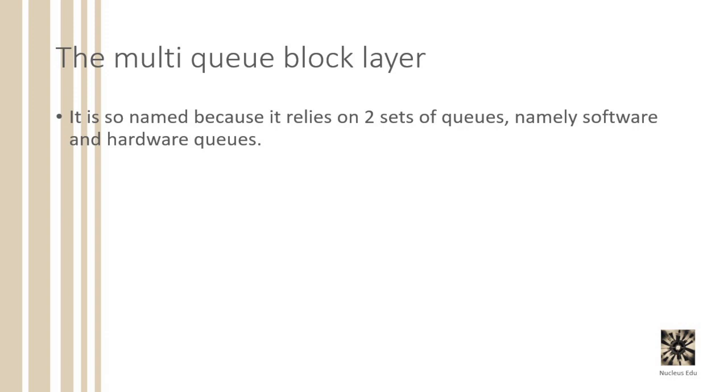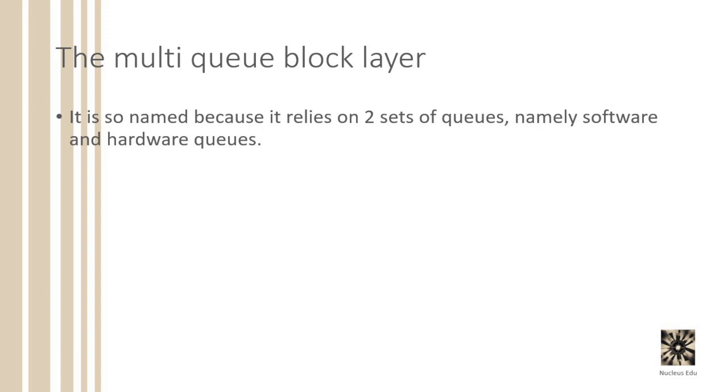Right, so next layer, as I mentioned, is the multi-queue block layer. It is so named because it relies on two sets of queues named software and hardware queues. So a little bit of history here. Previous to, I think, the 2.x kernel, there was just a single queue for submission and processing of IOs.